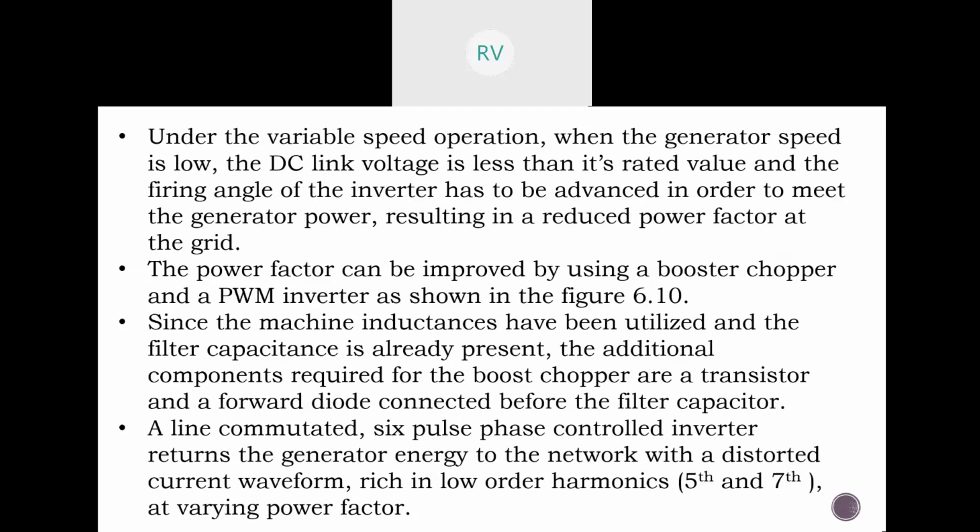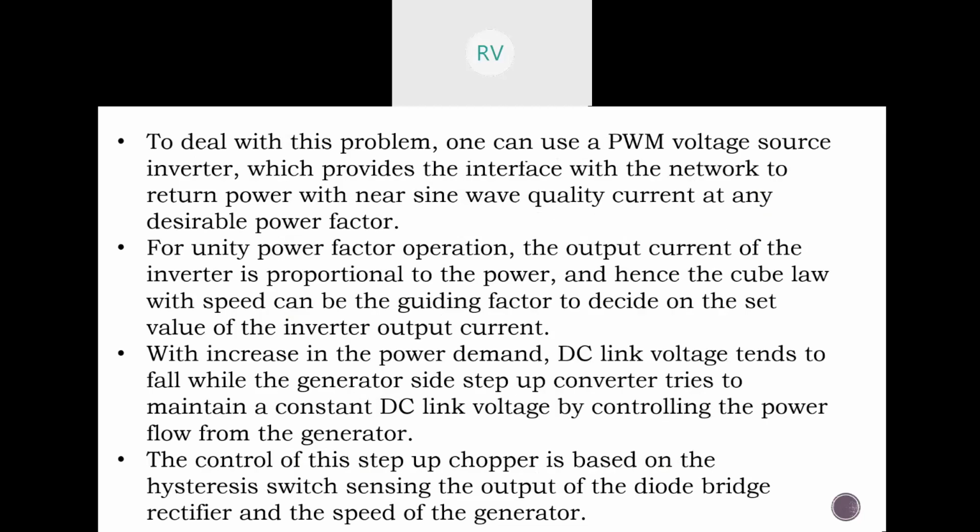To deal with this problem, one can use a PWM voltage source inverter, which provides the interface with the network to return power with near sine wave quality current at any desirable power factor.